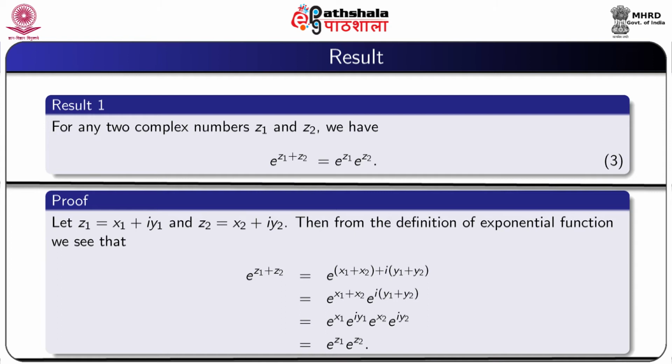Then from the definition of the exponential function, we see that e to the power z1 plus z2 is equal to e to the power x1 plus x2 plus i into y1 plus y2, which is equal to e to the power x1 plus x2 into e to the power i into y1 plus y2, which is equal to e to the power x1 into e to the power i y1 into e to the power x2 into e to the power i y2, and this gives e to the power z1 into e to the power z2.